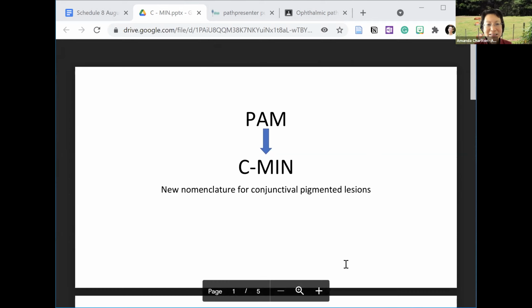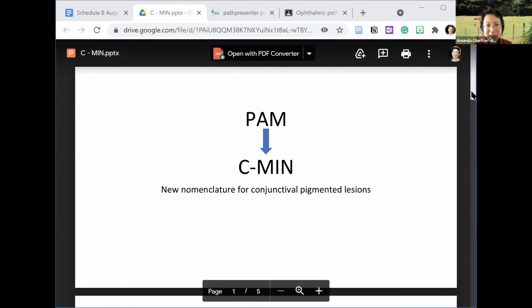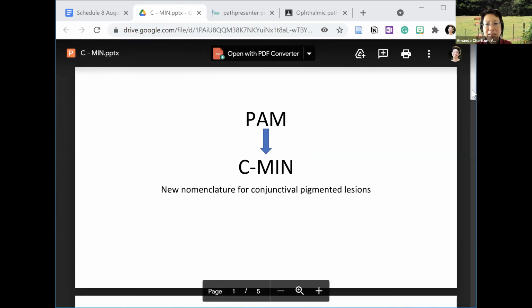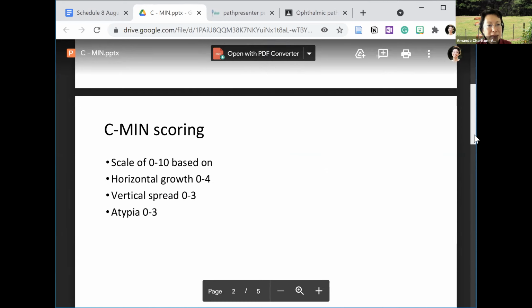with the times. So it's now in the WHO, which is what we follow for standardized nomenclature around the world, conjunctival melanocytic intraepithelial neoplasia. Just like we have squamous intraepithelial neoplasia, this is melanocytic intraepithelial neoplasia.